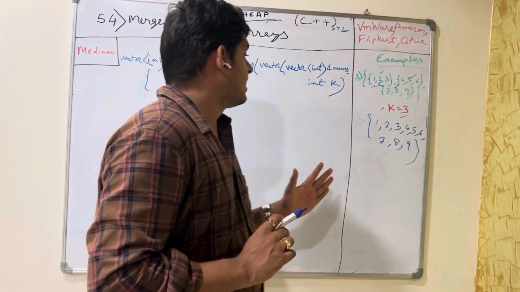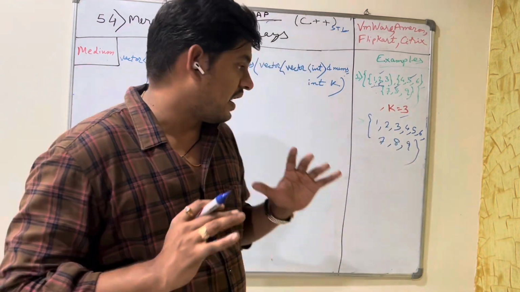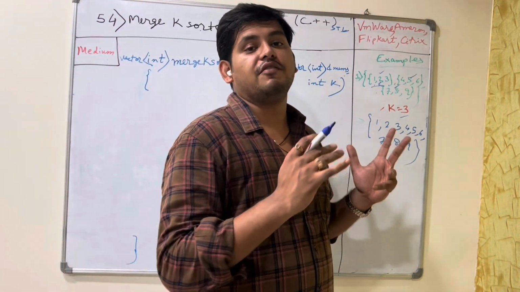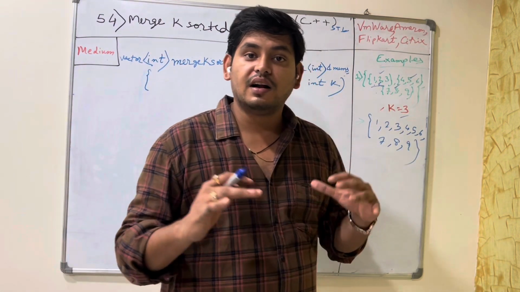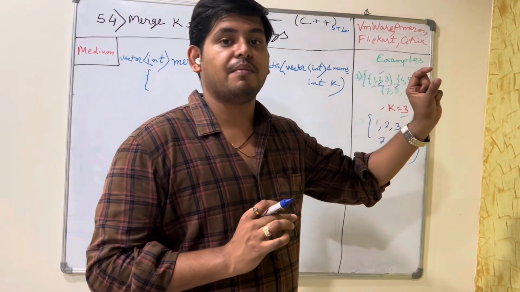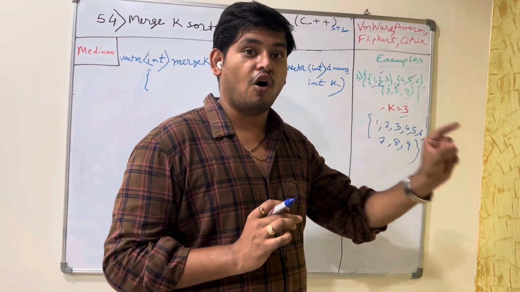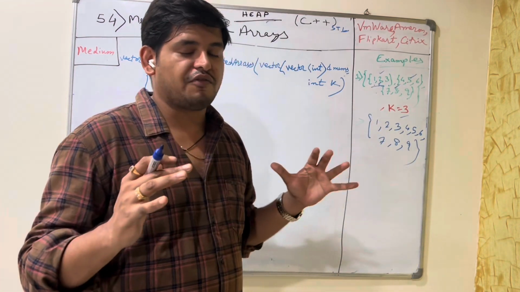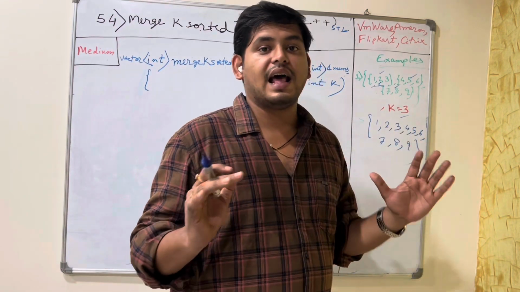But can we optimize the log part instead of log k square? What can we do? We know the heap priority queue. Heap gives us the topmost element, the max, in order of log n, right? Log of the number of elements in the heap.